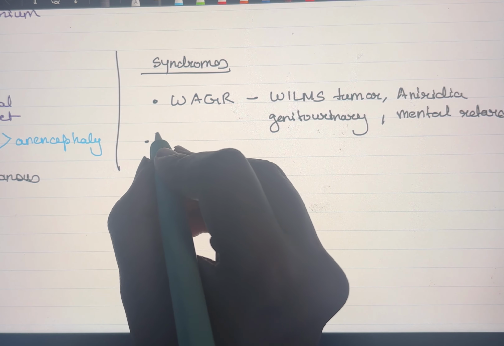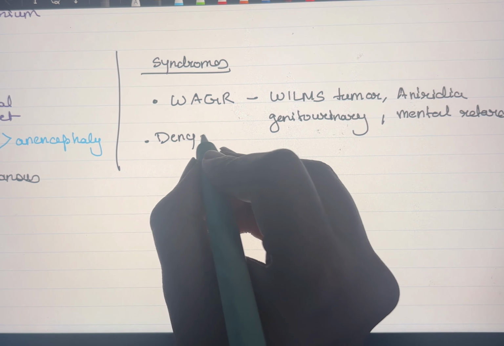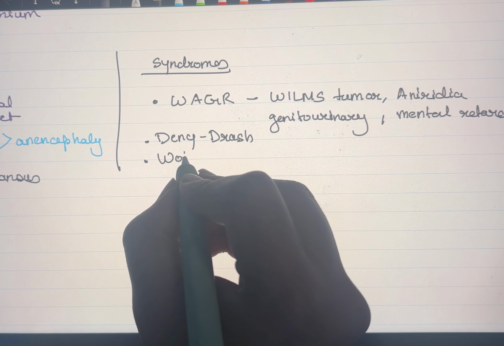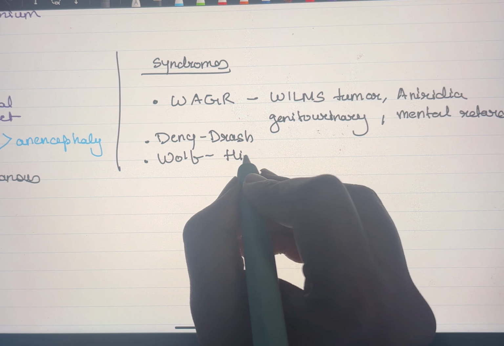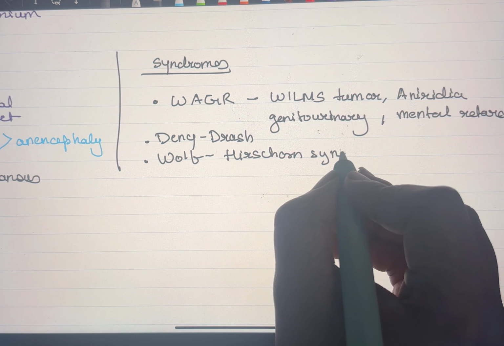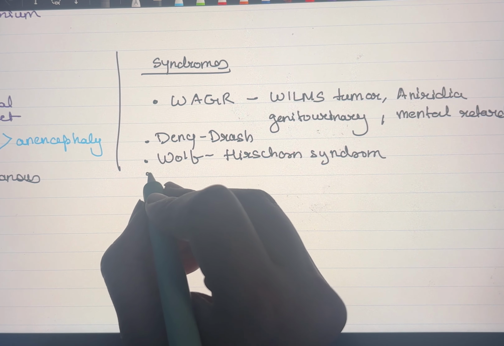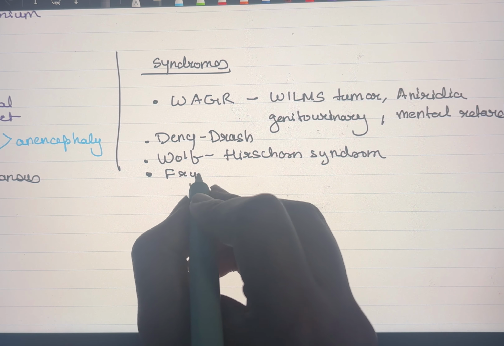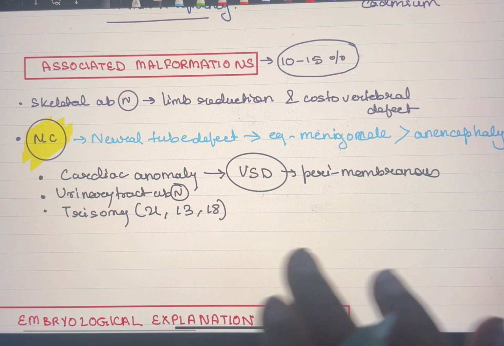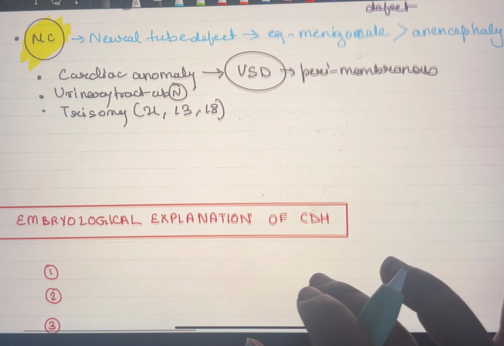Apart from that, it is associated with Denny-Drash syndrome, Wolff-Hirschhorn syndrome, and also Fryns syndrome. So these are the associated syndromes and associated anomalies that are present in congenital diaphragmatic hernia.